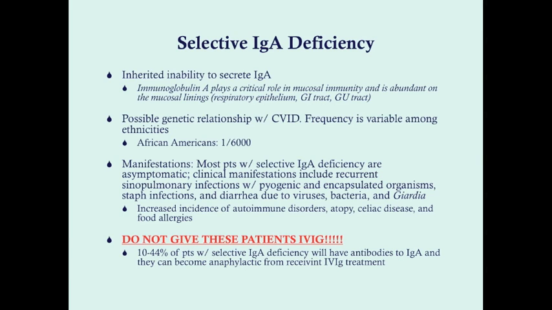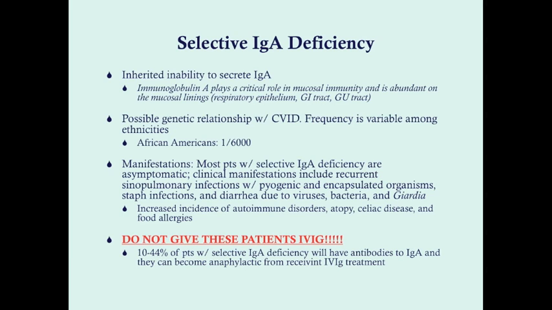And immunoglobulin A plays a critical role in mucosal immunity. There are a lot of parts of your body, especially the mucosa, that are exposed to foreign things. Think of the respiratory epithelium: you're breathing in bacteria. Your respiratory epithelium needs a way to fight that bacteria before it gets in through the cells and into the bloodstream, for instance, or before it colonizes.